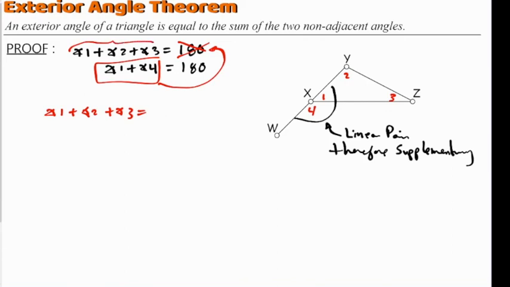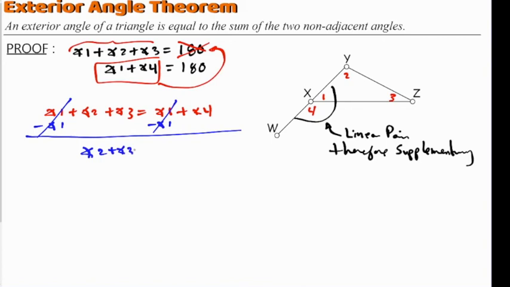We see that I kept the left side of the equation exactly the same, but now we're replacing the right side of the equation. And this time we see that angle 1 is the angle that shows up on both sides. So we'll subtract it from both sides, and we see that it cancels itself out, and we're left with angle 2 plus angle 3 is equal to angle 4.